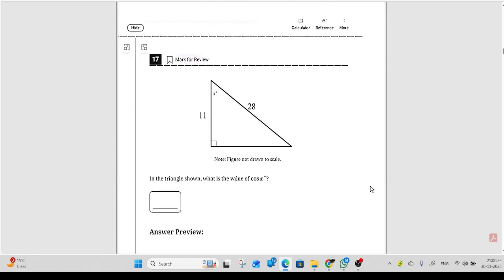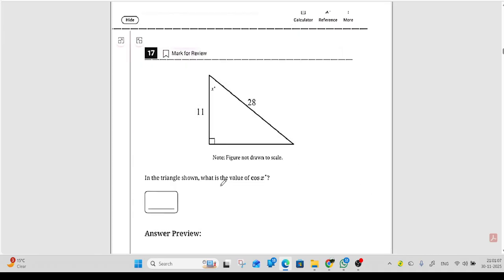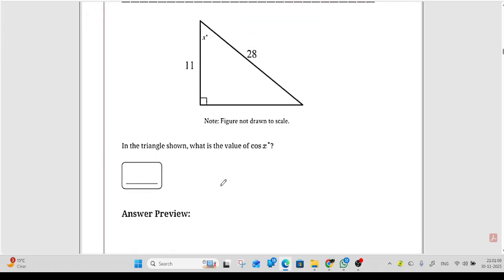Okay, next question we have this. In the triangle shown, what is the value of cos x, cosine x? Okay, let me zoom it. So to remember the ratios, you can remember it like this: SOH CAH TOA.